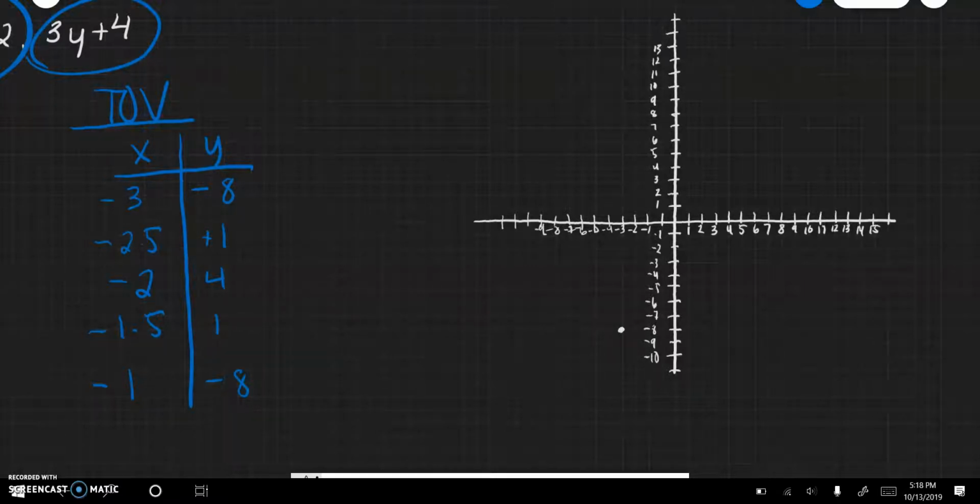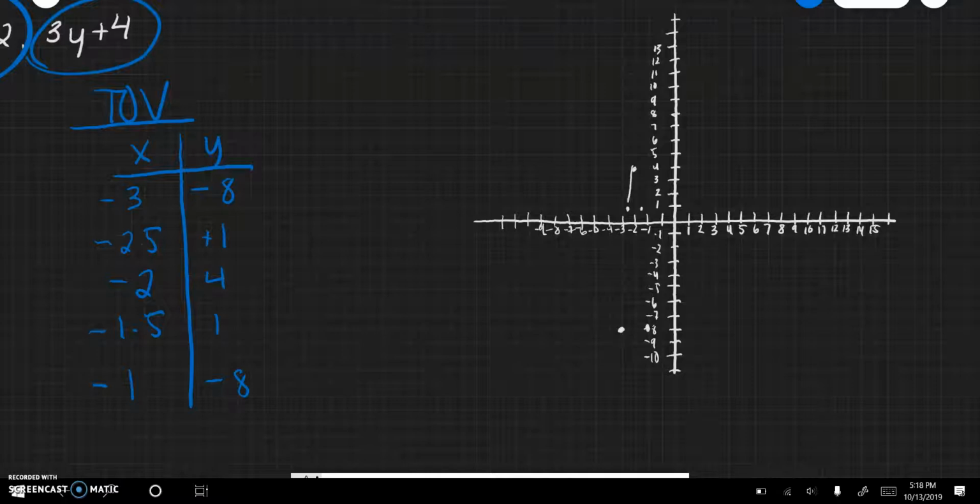Then I'm going to go up to negative 2.5, just in between here and here, and go to positive 1. Then I'm going to go to negative 2 all the way up to positive 4, and then come back down to negative 1.5 at positive 1, and then come down to negative 1 and negative 8.